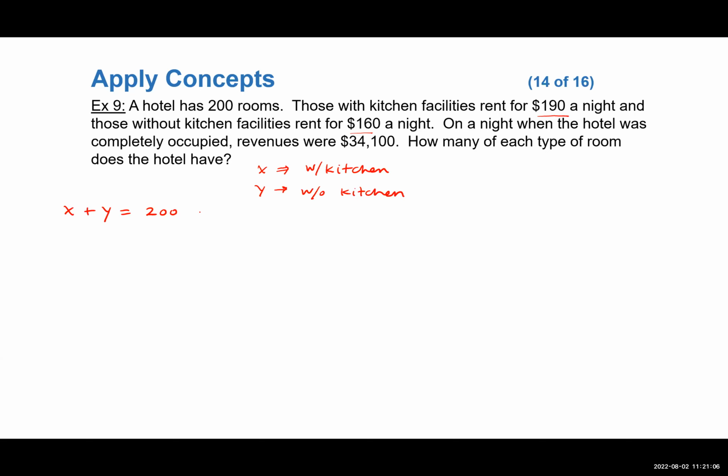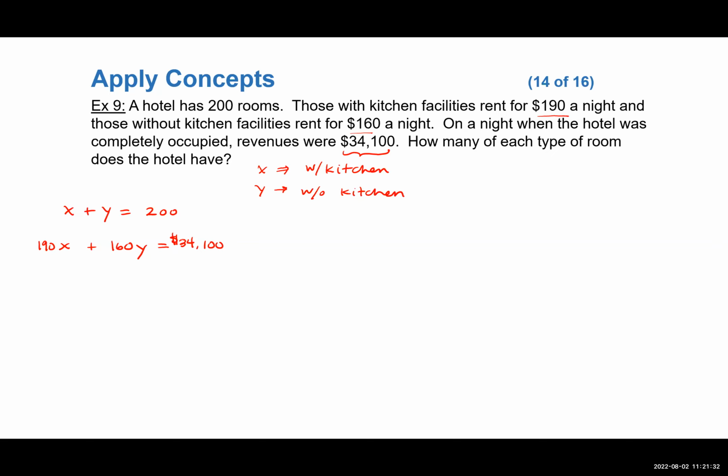So we got a quantity equation. And then we have a money equation. So how much is the value? The value of the one with the kitchen is $190 each and $160 each for the one without the kitchen. And if you have full occupancy, then you're gonna make $34,100 in revenue.